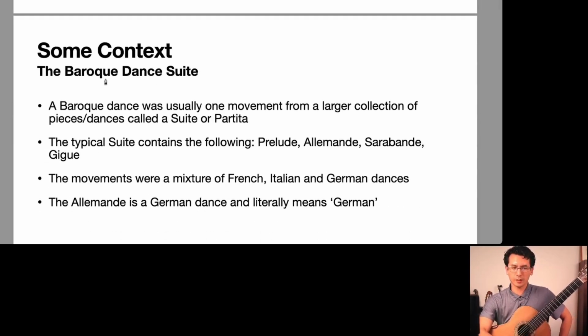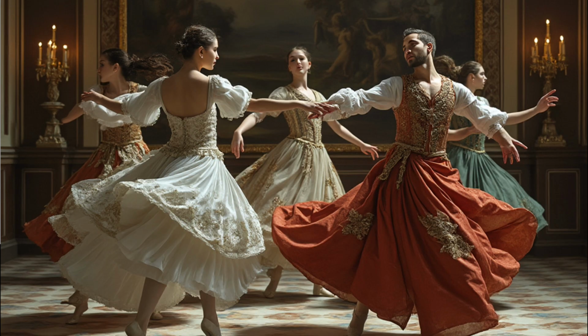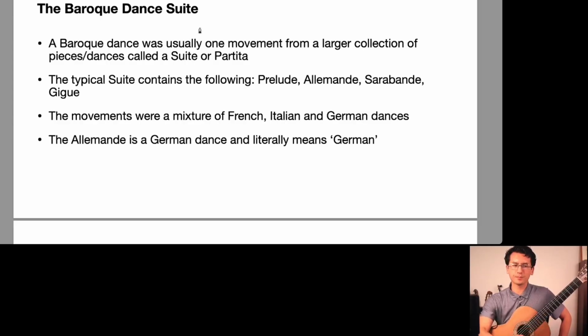So just a bit of context, it's from something called a Baroque dance suite. Sometimes the term partita is used, but this is from a suite. A suite is like a collection of dances which is opened with a prelude, and a Baroque dance is usually one of those movements, one of those dance pieces.